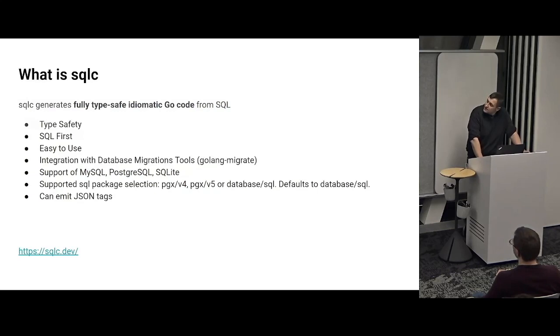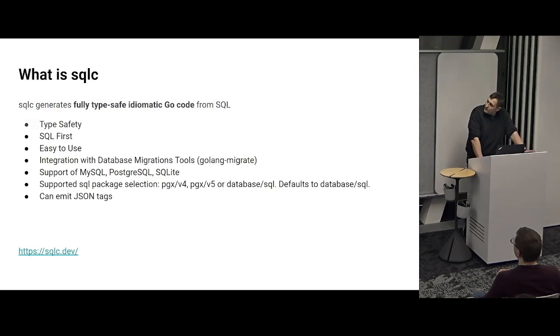There are no migrations by default using SQLc, but you can use other database migration tools. We use Golang Migrate, and I will talk a little bit about that later. And currently, only 3 database servers are supported, which is MySQL, PostgreSQL, and SQLite.